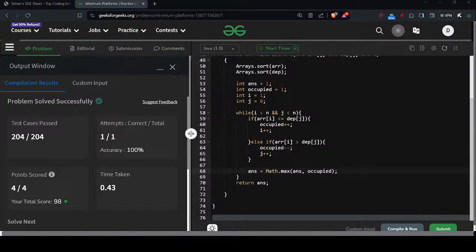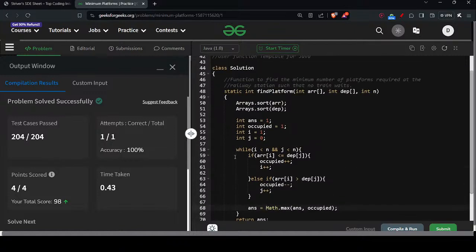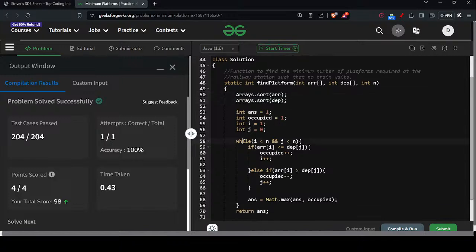Because as we can see in our implementation, we are sorting both arrays, which is taking n log n, and iterating for n. So O of n log n plus n log n plus O of n time complexity, which can be rounded off to O of n log n.